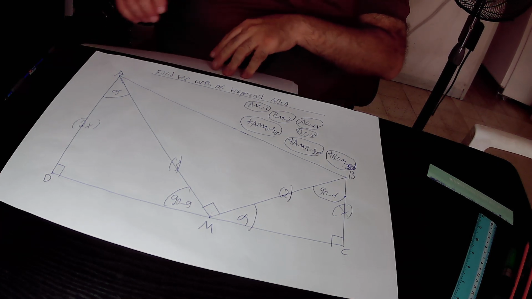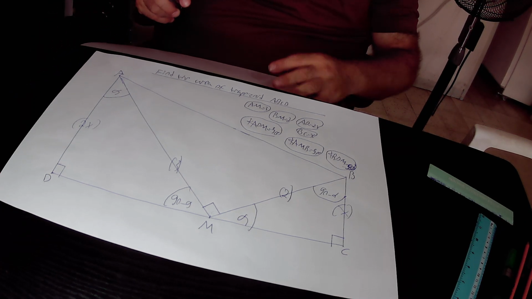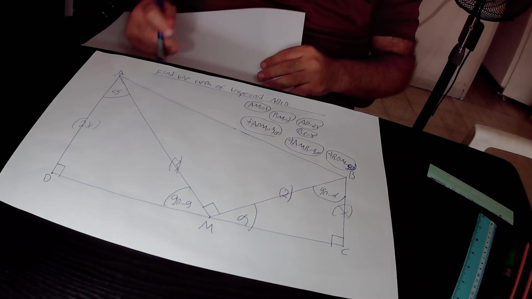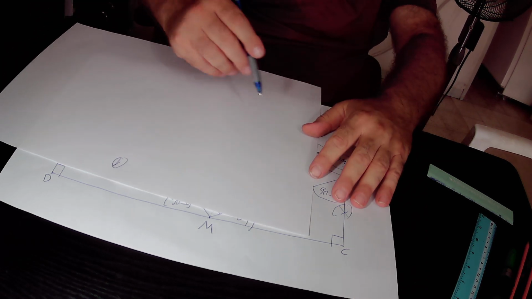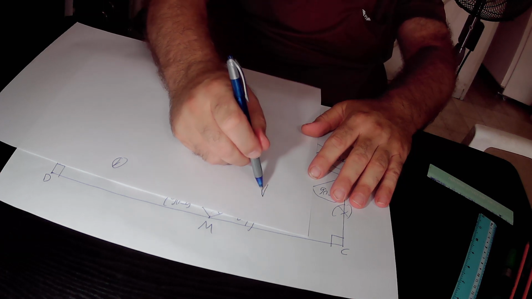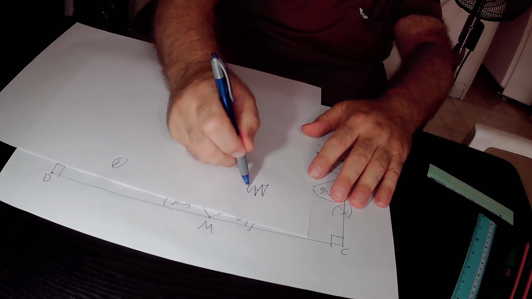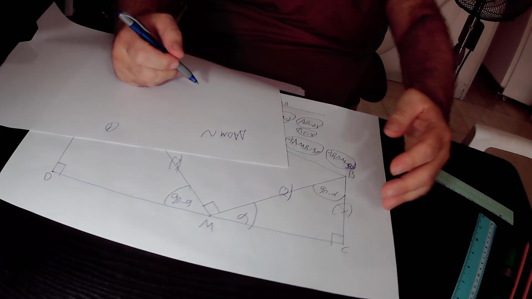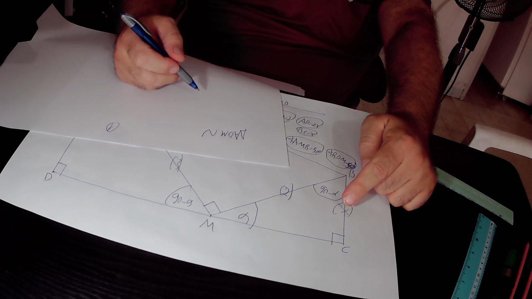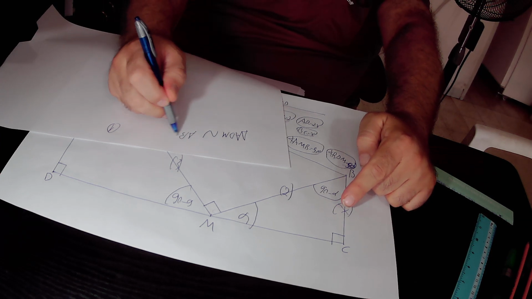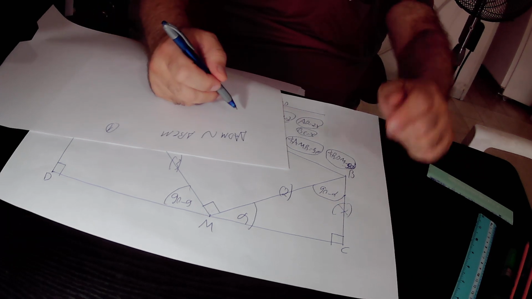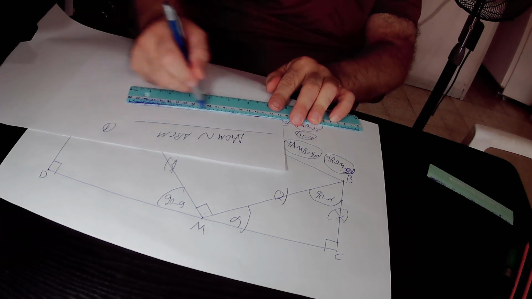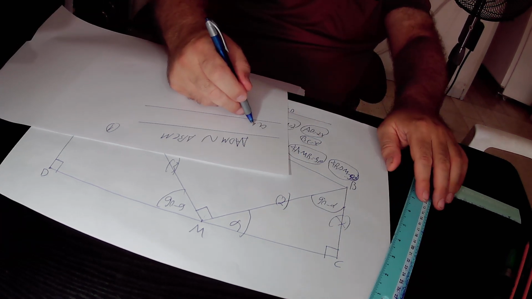This big right triangle ADM is similar to this small right triangle BCM, according to the angle similarity rule.